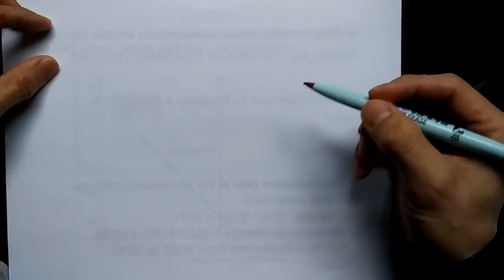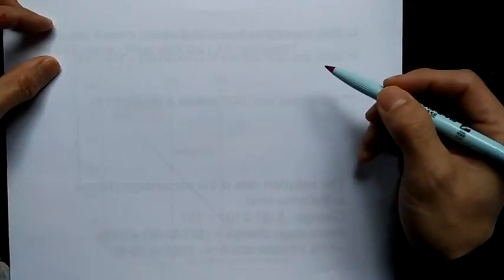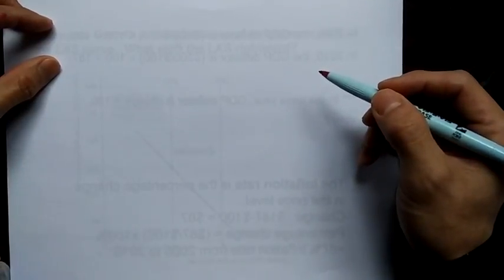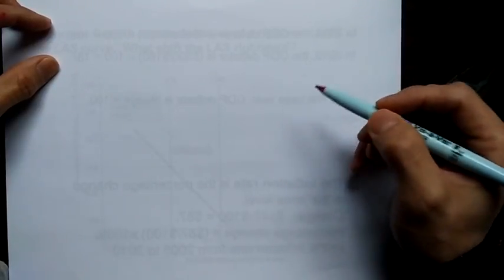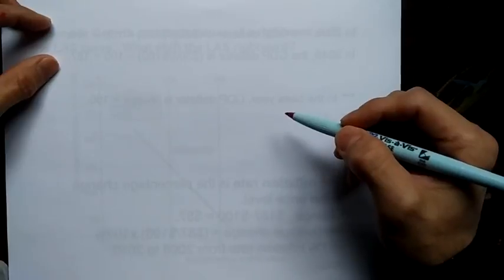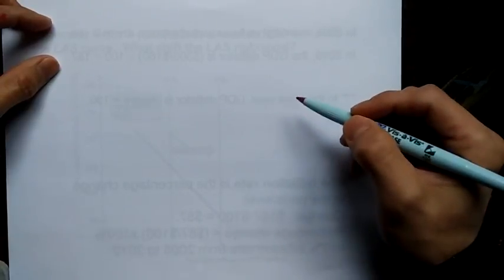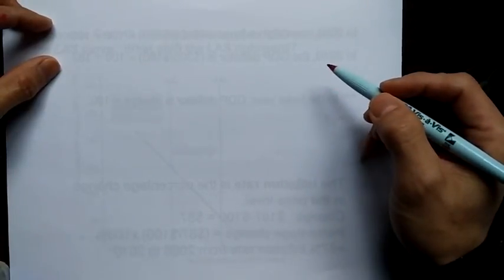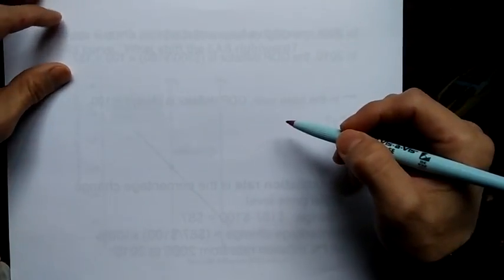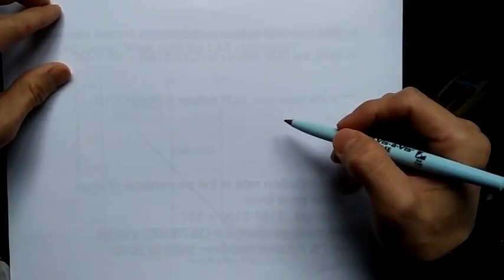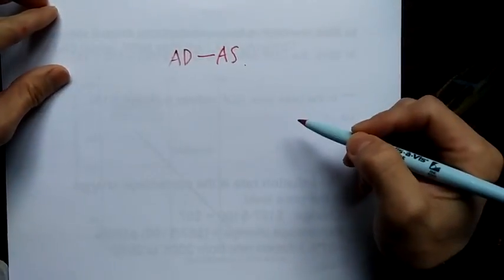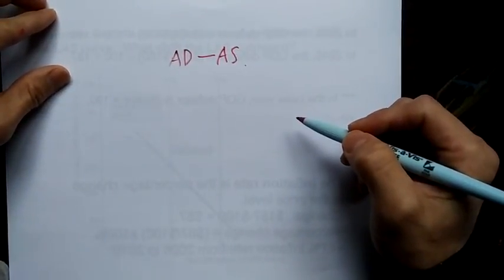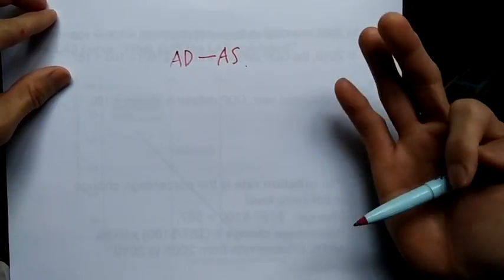After drawing all the graphs, all the curves, and understanding what causes a movement, what causes a shift, now we want to learn how to find the new equilibrium, right? Okay, with the aggregate demand, aggregate supply diagram, by shifting curves, we can learn three things, three topics in macroeconomics.